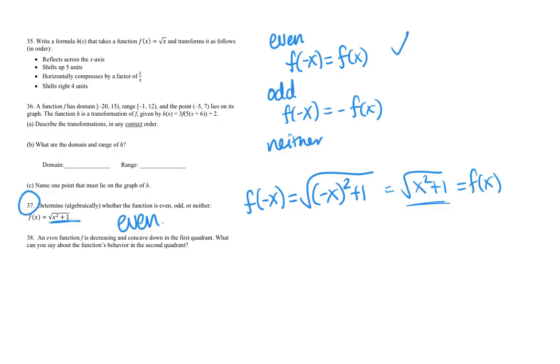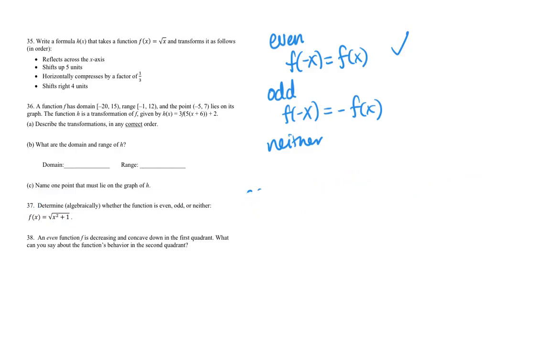Next it says an even function is decreasing and concave down in the first quadrant. What can you say about its behavior in the second quadrant? So it's decreasing and concave down, like that. What that means is that for any x value, the negative x value is going to have the same y coordinate, right?